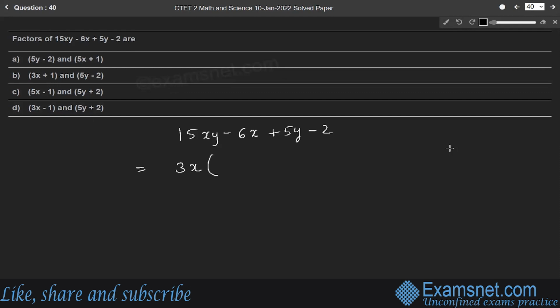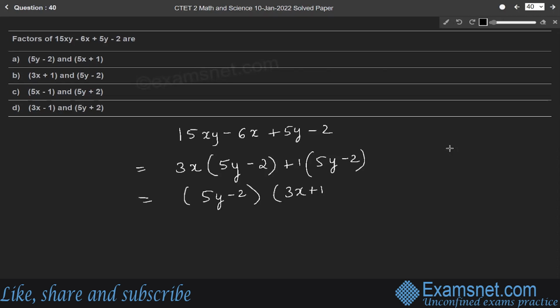So 3x into 5y minus 2 plus 1 into 5y minus 2. Here 5y minus 2 is the common term. Therefore, the factors are 5y minus 2 and 3x plus 1. Option B is the right answer.